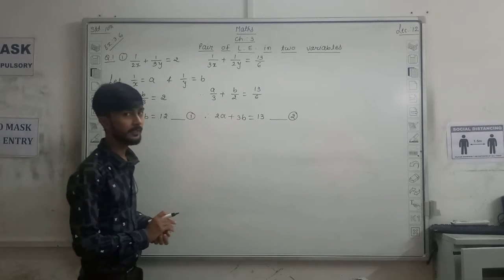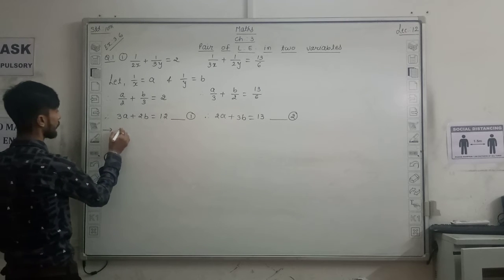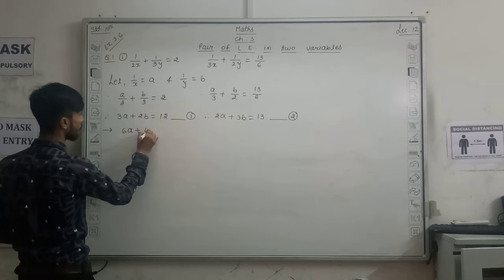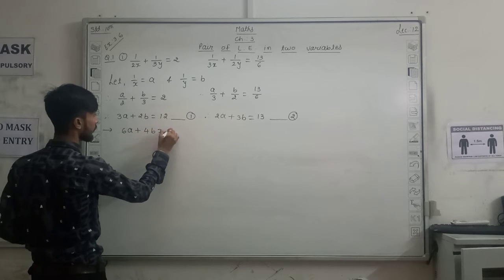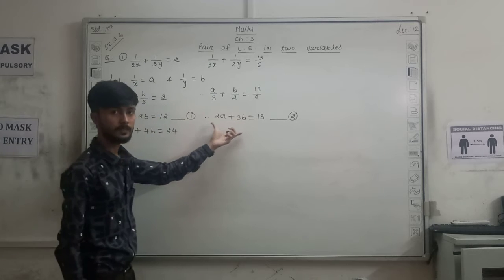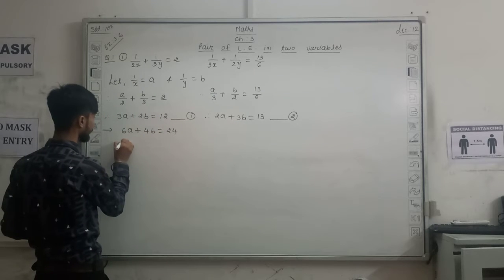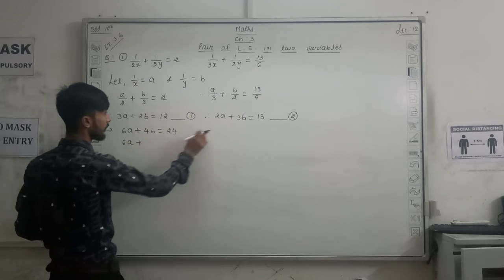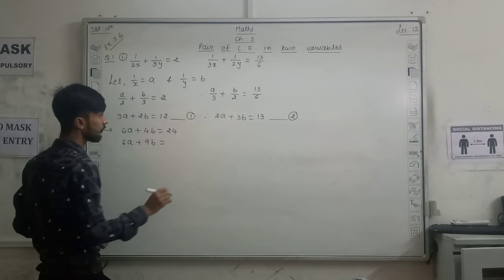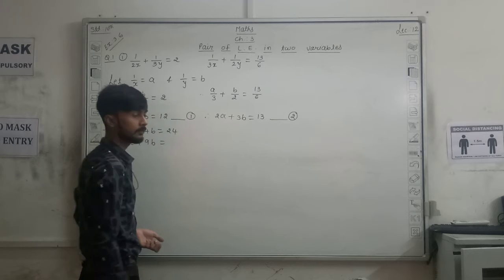So 6a plus 2 2s are 4b equals 12 2s are 24. Now multiply this by 3, so 3 2s are 6a plus 3 3s are 9b equals 13 3s are 39.